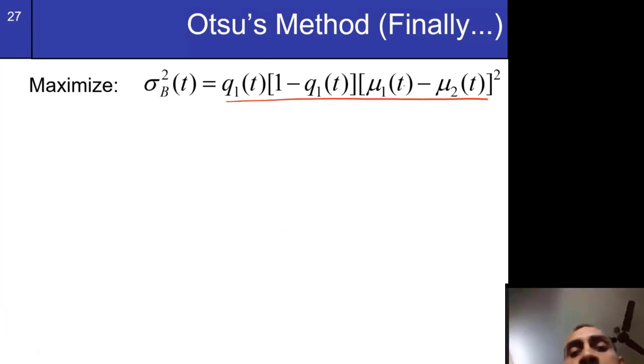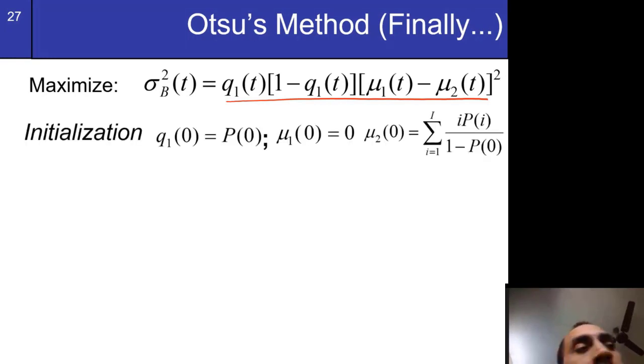Now to maximize this quantity, you can see this is a simpler equation, and it can be written in a recursive fashion. You start by initializing t equal to 0. So q1(0) will be just the number of pixels in the intensity bin 0, that is your p0. Mean mu1(0) will be just 0 itself, because that is the first class, and all of the other remaining intensity values belong to the second class.